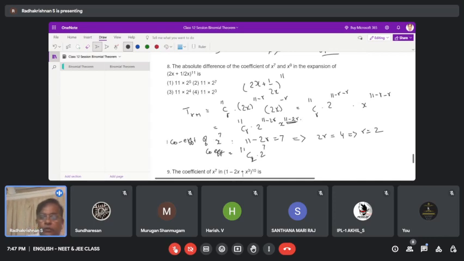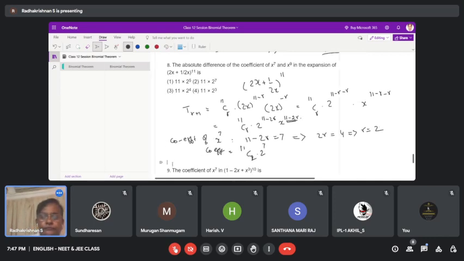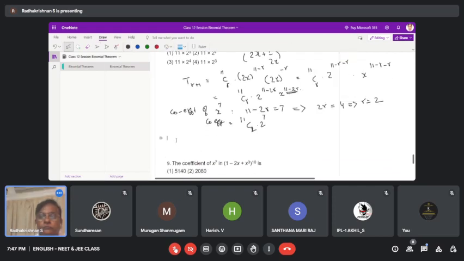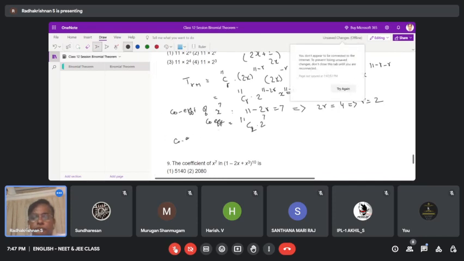Same way you write the coefficient of x power 9. So here now 11 minus 2r equal to 9. That means r equal to 1.